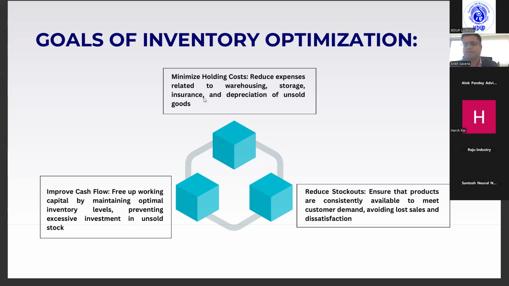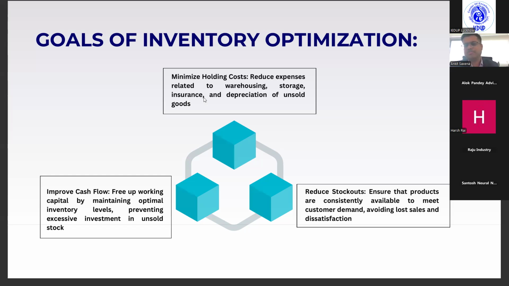Then if you are looking at storing certain goods in your warehouse, then usually you're supposed to insure those goods, so that in case of any adverse events, you can retain the capital you have invested in that inventory. So how do we reduce the cost of that insurance? And also the goods which are stored within the warehouse, they also depreciate over a period of time. So how do we reduce that cost?